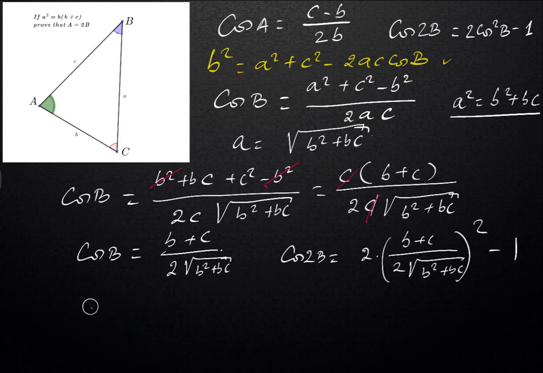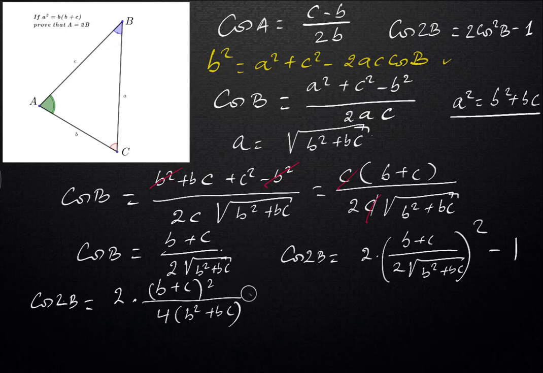So we are going to calculate this, and we can say that cosine 2B is equal to 2 times cosine squared B. That means 2 times B plus C squared over 4 times B squared plus BC, minus 1.